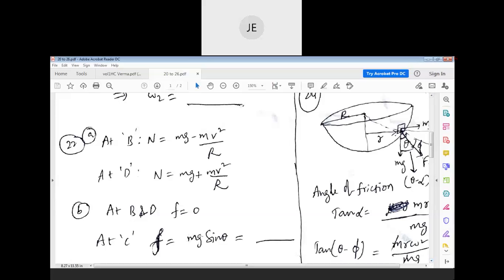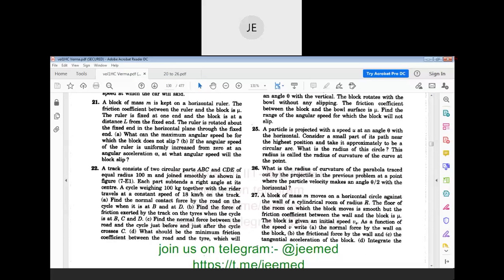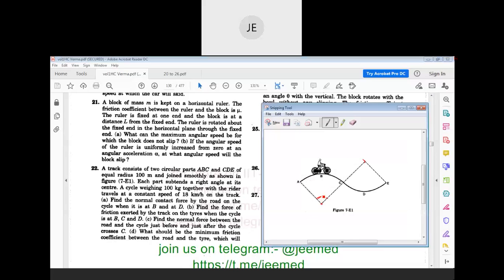Frictional force at C expression is mg sin theta. M is there, g is there. What could be the theta? They have clearly mentioned here 90 degrees. So B to C is just the middle of it.